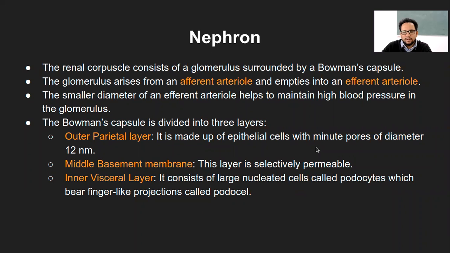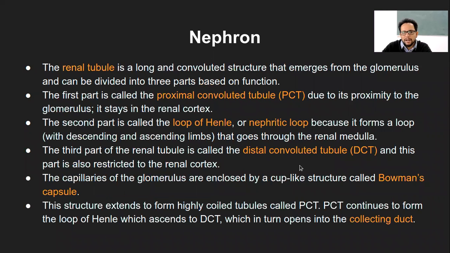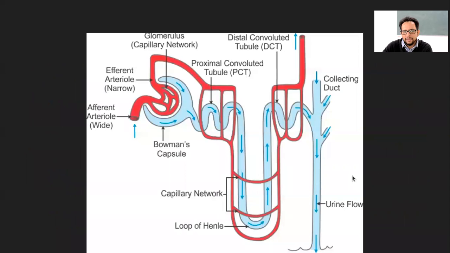Okay, so that was the renal corpuscle. Now coming to the renal tubule part. The renal tubule is a long convoluted structure. Convoluted means folded, right? If you look at this diagram, it has many folds, a wavy structure.